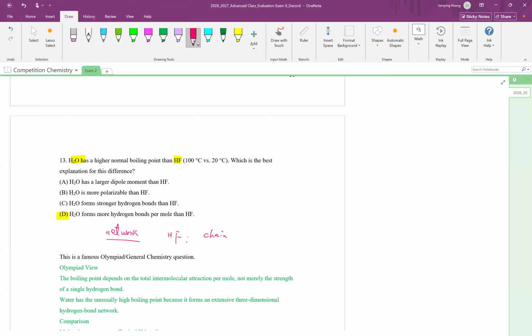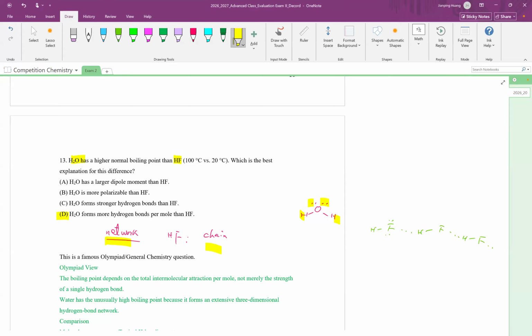The reason, look at water. You have 2 donors, 2 acceptors. And HF, although you have 3 lone pairs, you only have 1 donor. Water forms a network.